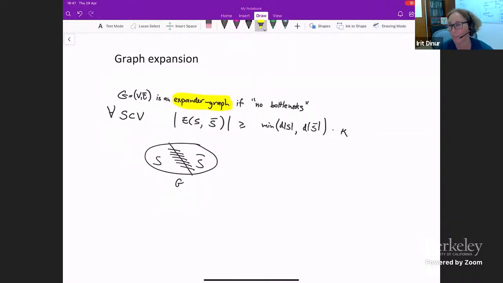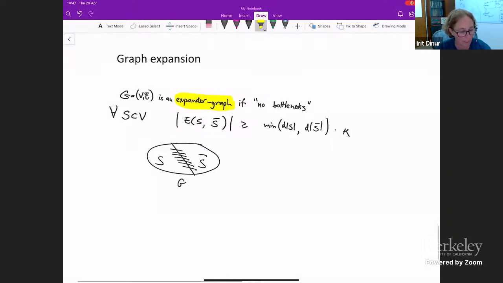If you've never heard this definition before, the way to think about this graph is that it's highly connected. No matter how you split the vertices into two parts, S and S complement, there are going to be a lot of edges crossing between S and S complement. If S is small, you expect the number of edges to be proportional to the size of S times D, assuming that this is a D-regular graph.